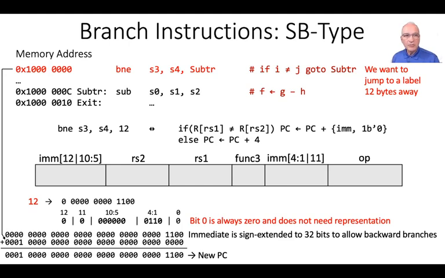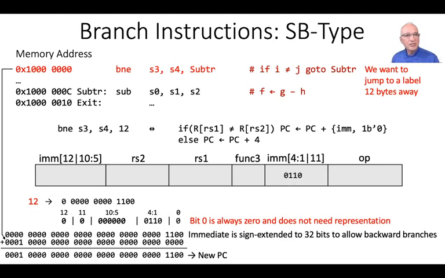The reason that the bit 0 is always 0 is because I can only branch to even addresses. I can never branch to an odd address, so there is no reason to represent the bit 0. It will always be 0, so it is not going to appear in the instruction representation.